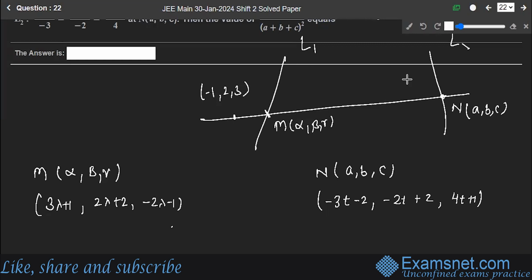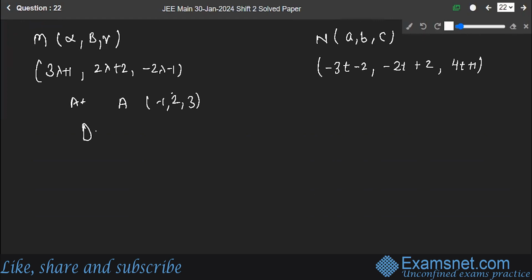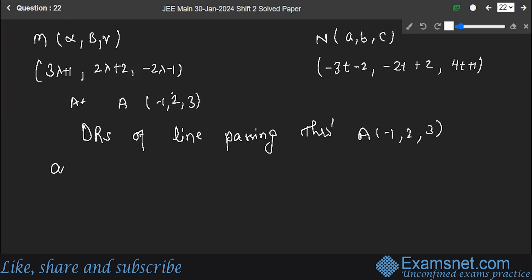Now, let's say this is the point A, -1, 2, 3. At the point A, what will be the direction ratios of the line which is passing through this? Direction ratios of the line passing through A will be given by this.